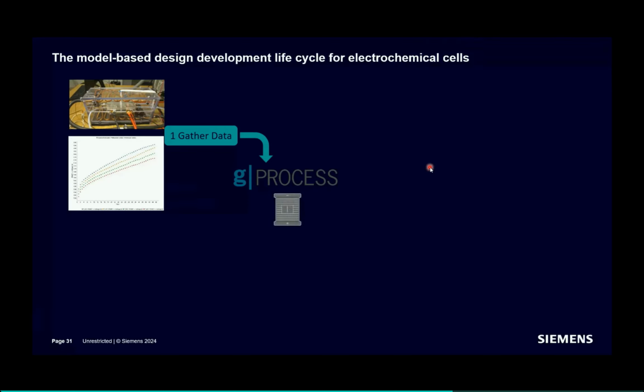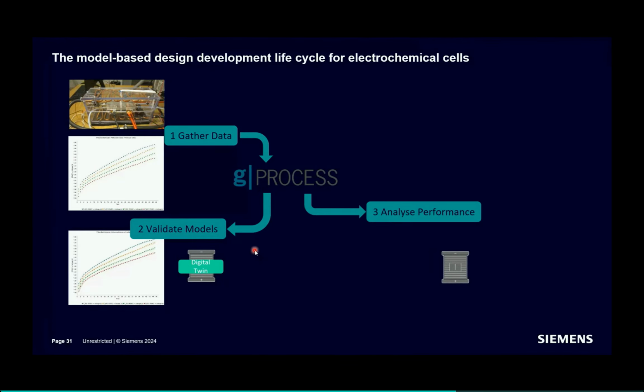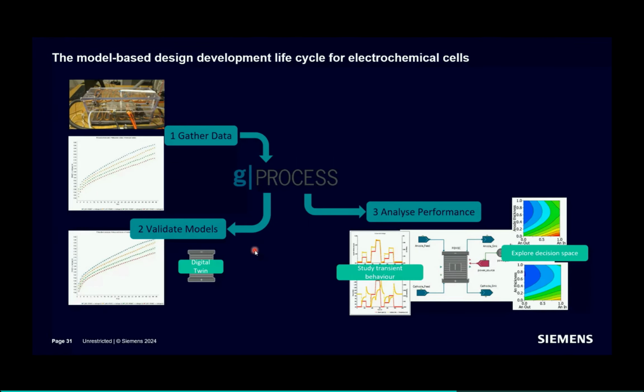Then you would feed your data into gPROMS and validate your stack model using the built-in model validation entity within gPROMS, and you will create the first digital twin of your stack. Then you can start analyzing the performance of your stack. You can study transient behavior or explore the decision space, using other in-house or built-in tools within gPROMS to study the performance of your stack.